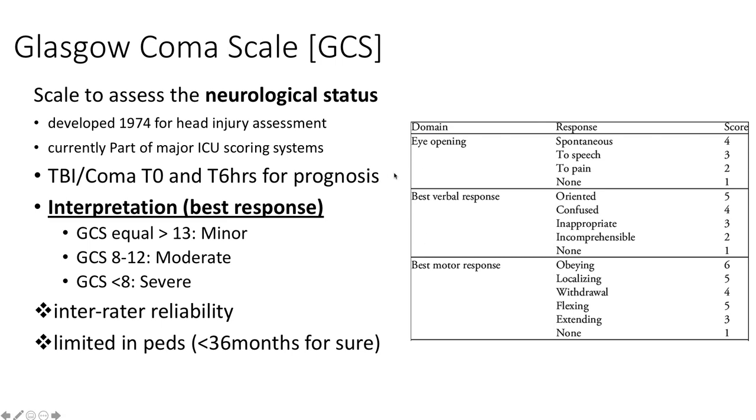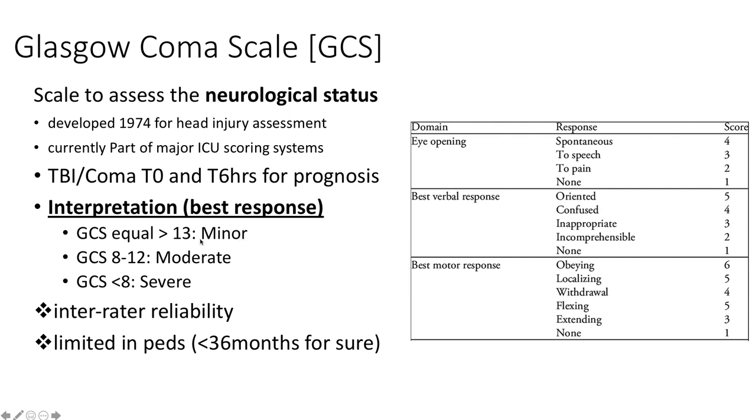The best marker for prognosis is actually your Glasgow Coma Scale at T0, first one, and then 6 hours after, because that really tells you where a patient is trending, up or down. Interpretation, and always here take the best response. Surely there is some interpreter variability, but always give the patient the best benefit of the doubt.